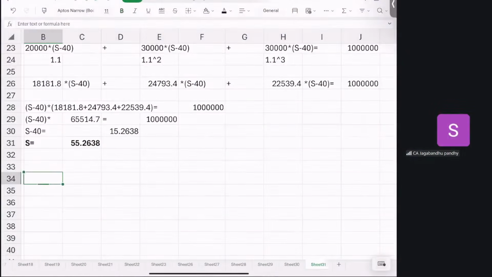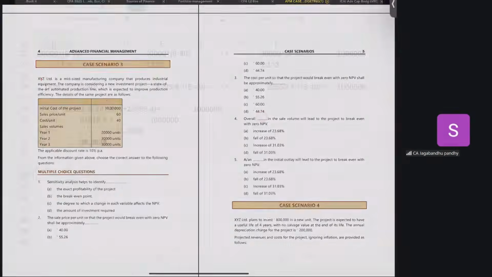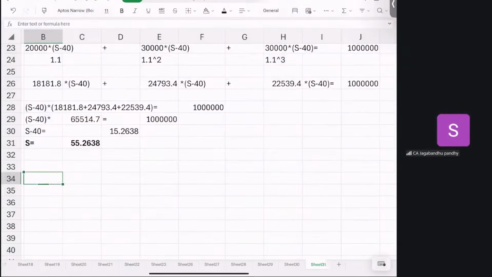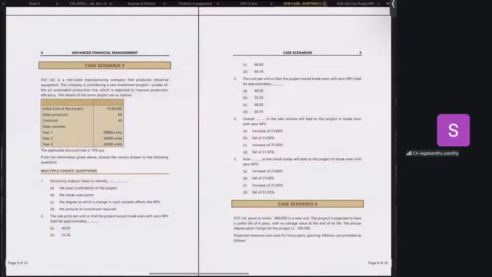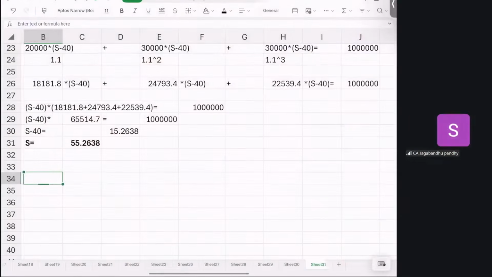Here we are assuming cost as X and then solving it as an equation, same way. 60 minus X into the units. So cost is going to be, she's calculating it as 44, I think.